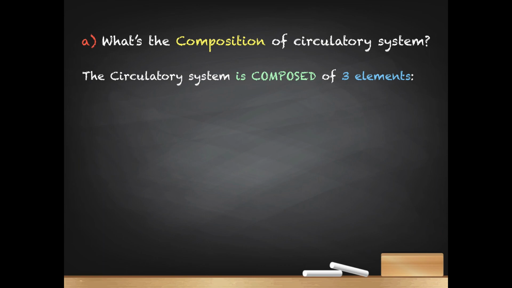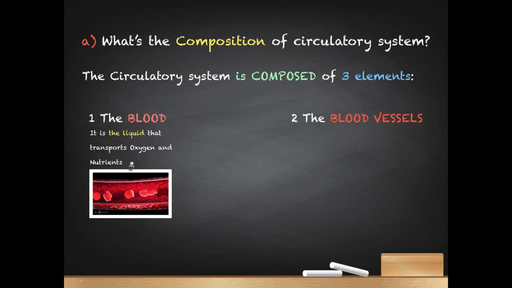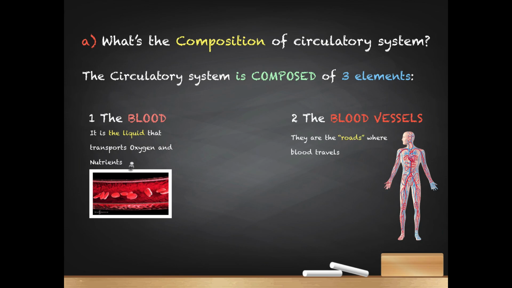It is composed of three elements. Number one, the blood. The blood is the red liquid that travels and transports oxygen and nutrients. The second part is the blood vessels. Imagine that they are the roads where the blood travels, okay? They are like the roads.